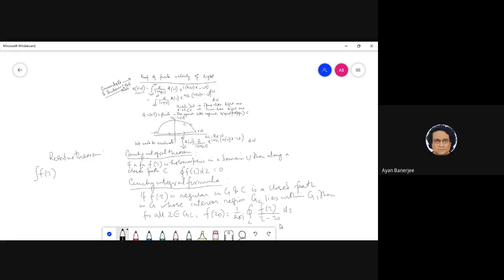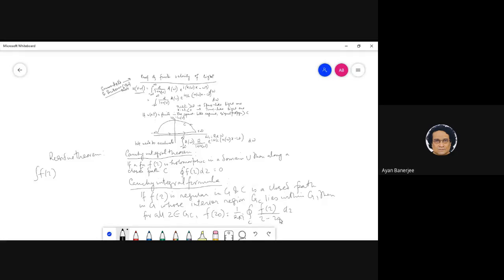G is just some kind of a region, a closed sort of space, which is confined, and this is a closed path there, where the interior region G_C lies within this G. Do you know what z naught is? Z naught is the point where you have the pole. Exactly. So these are basically the singularities.